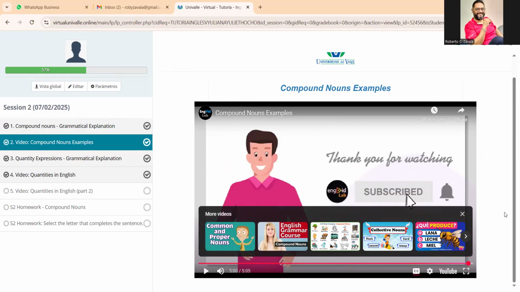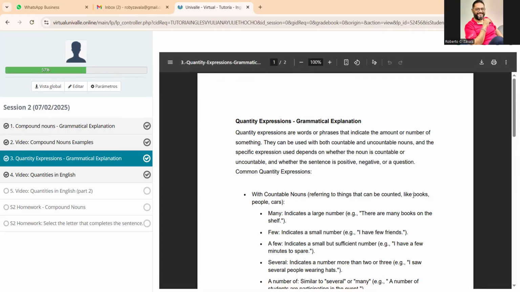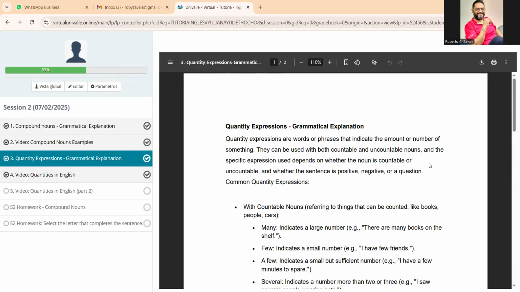If there are no questions, we can continue with the next grammatical explanation. We're looking at quantity expressions. Here's the grammatical explanation. Quantity expressions are words or phrases that indicate the amount or number of something.